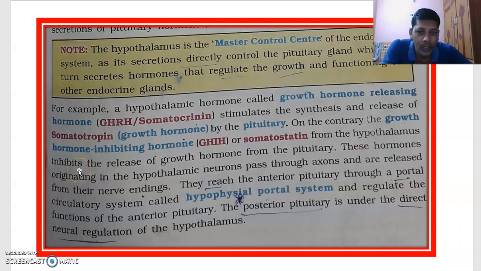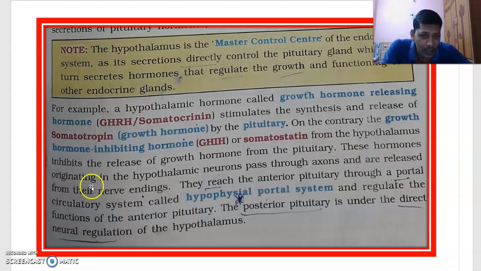What is it doing? Inhibiting the release of growth hormone from the pituitary. It is telling the pituitary gland, hey, don't produce growth hormone. These two are quite opposite: growth hormone releasing hormone, GHRH, and growth hormone inhibiting hormone. Both are produced by the hypothalamus, but give opposite instructions.